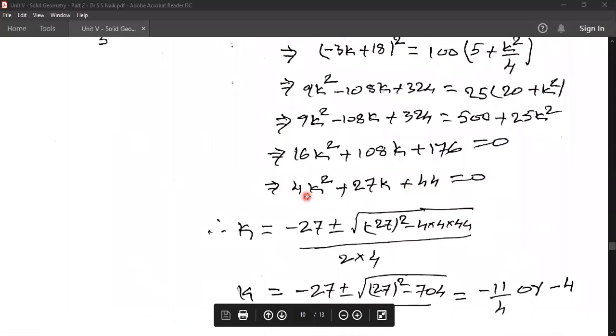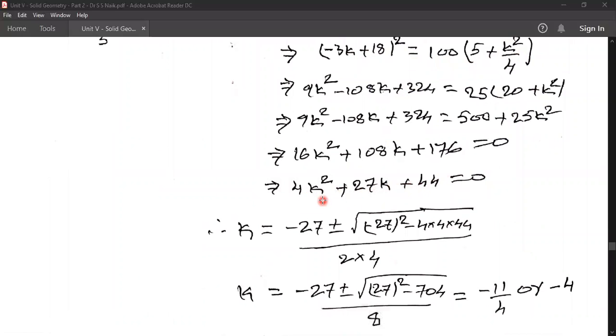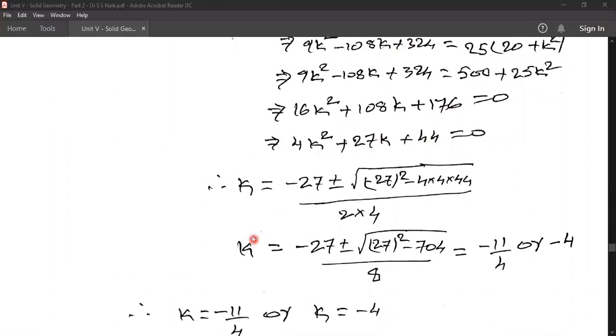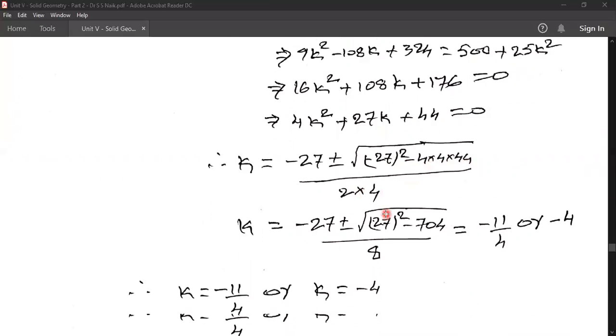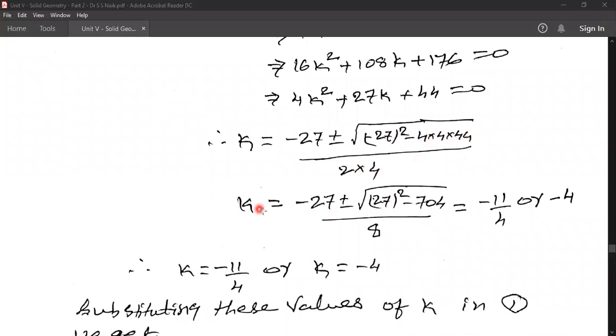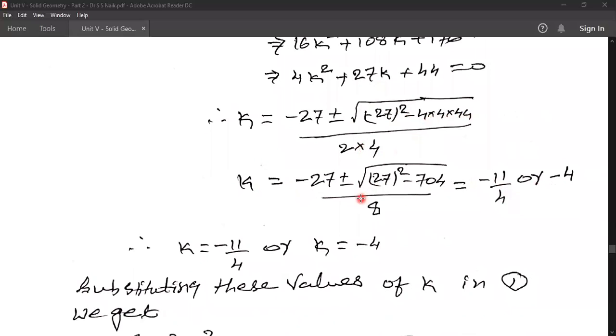Now, this being a quadratic equation, ax square plus bx plus c equal to 0, x equals minus b plus or minus square root of b square minus 4ac divided by 2a is the formula. By applying that formula, k is equal to minus 11 by 4 or k equal to minus 4. It has two values.